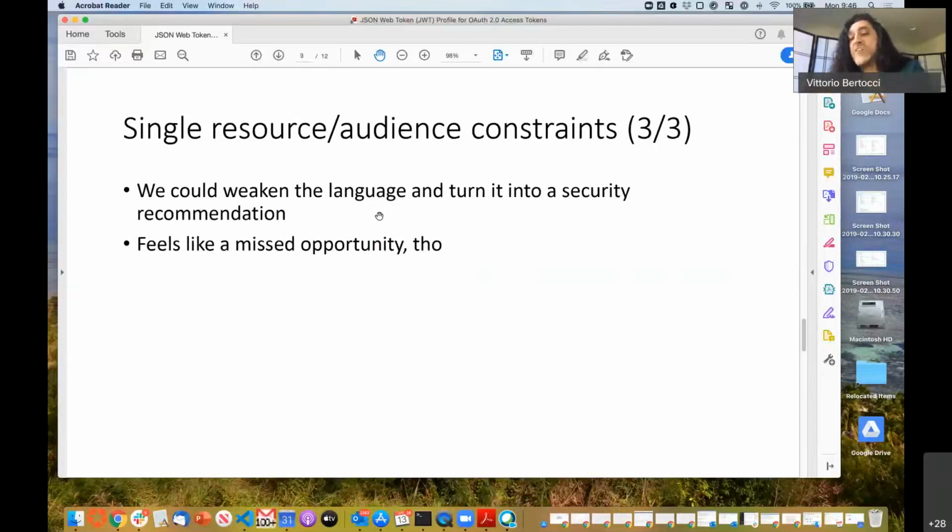But I think it's a lost opportunity because I observe so much abuse of scopes out there. And I think that if we had given a bit more guidance, we could have made people develop systems which are better designed. But anyway, I'm starting to ramble, so I'll just open to your comments. I think Annabelle first.